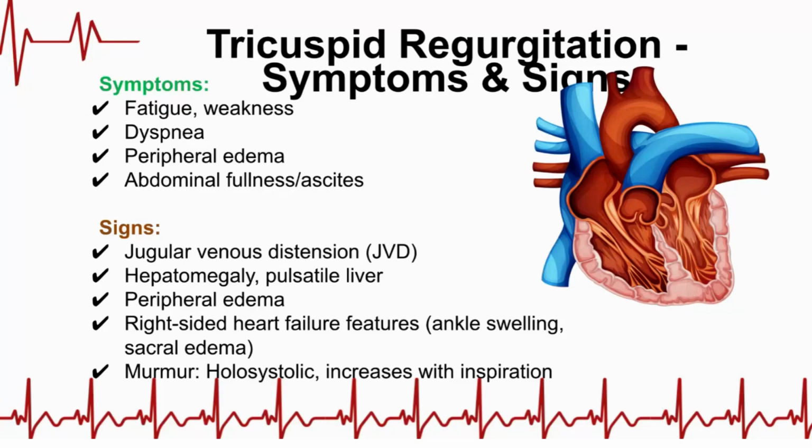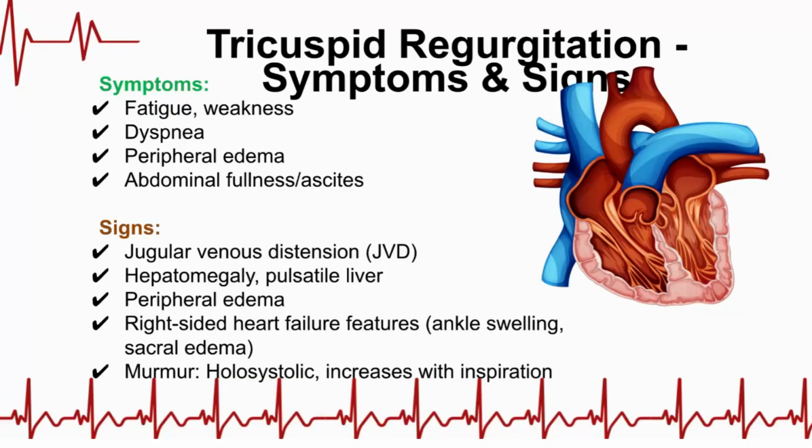Hepatomegaly is another one. On your abdominal examination, the liver may seem rather large. Peripheral edema and other things include ankle swelling and sacral edema. Sacral edema is not really that easy to see, but ankle edema is 100% easy to see in your clinical examination.